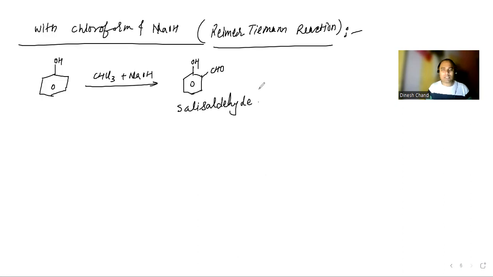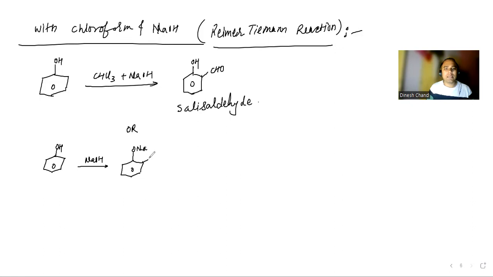Now, this reaction can also happen in many steps, student, not in a single step. So what we are going to do here, this is the OH, student. First of all, you treat with NaOH, student. When you treat with NaOH, it will become reactive, and it will give ONa.